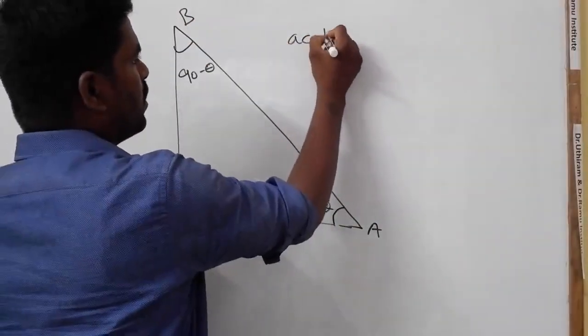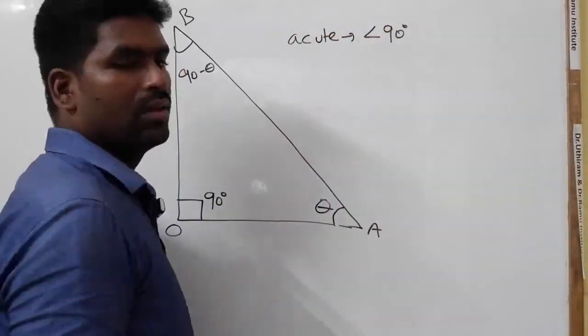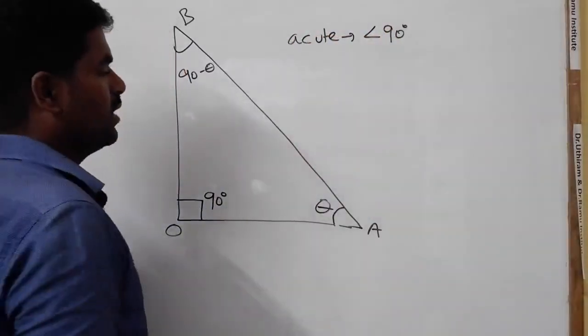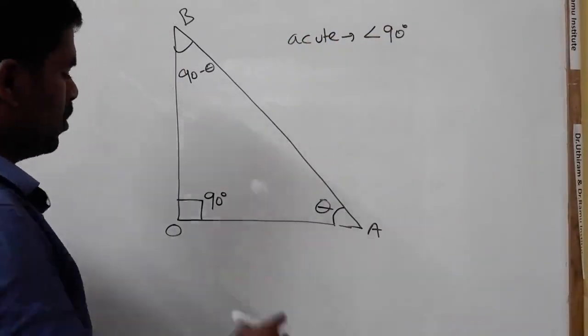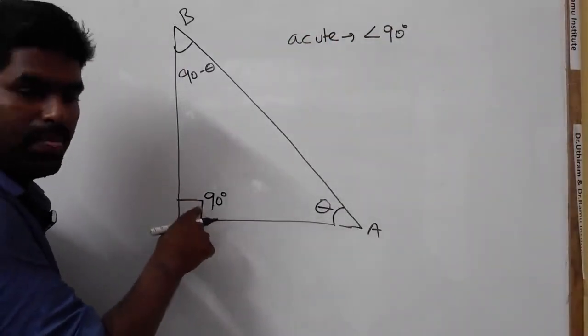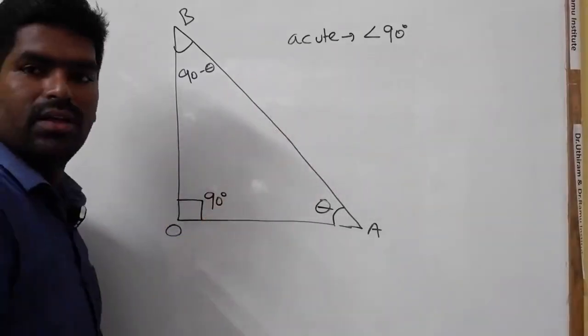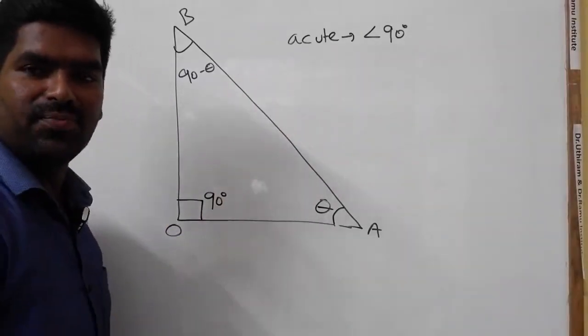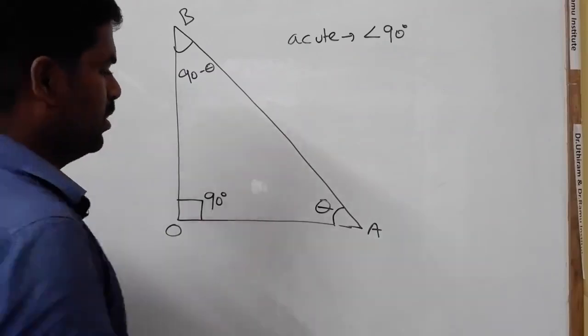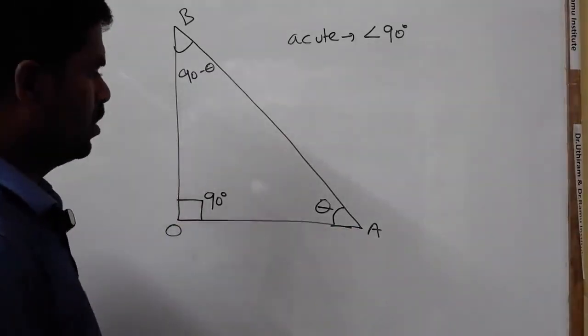Acute angles are less than 90 degrees. So one of the angles of the right triangle is 90 degrees and the other 2 are going to be acute angles that must be less than 90 degrees. So this is a basic fundamental idea about the right triangle.